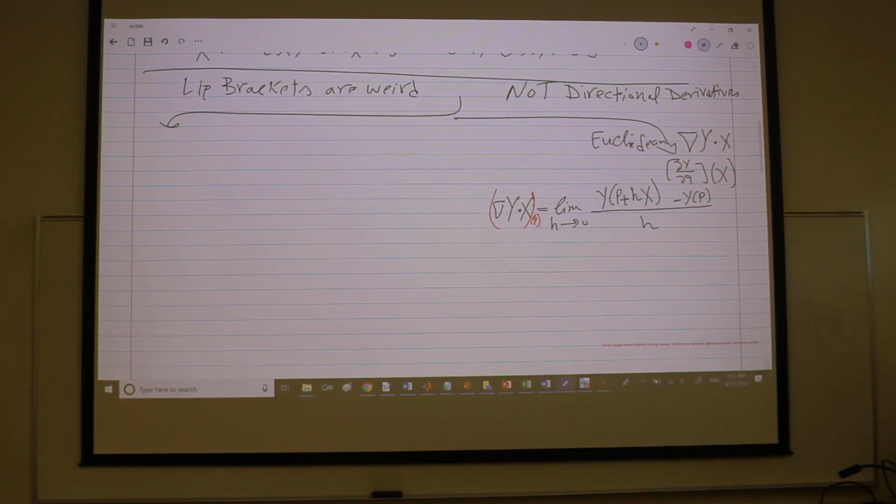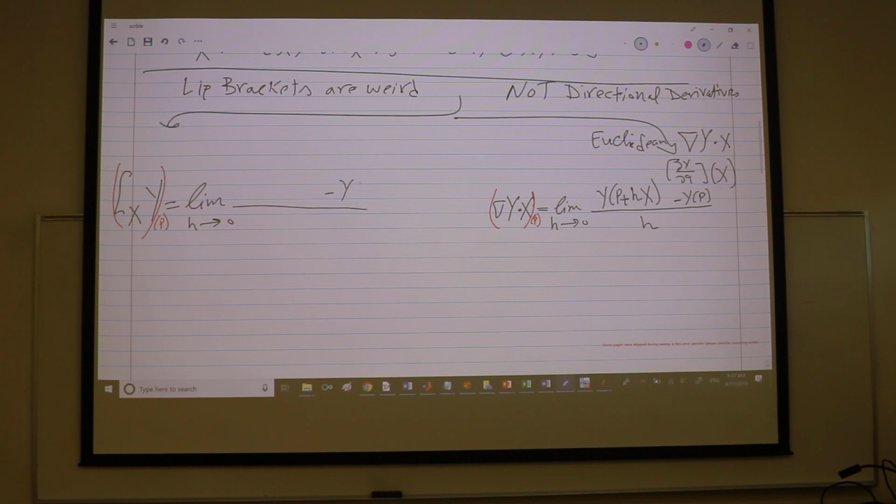But anyway, here in differential geometry, what is the Lie derivative of y along x? This is the limit as h goes to 0. Again, I'm defining it at a point P, it's a vector field.